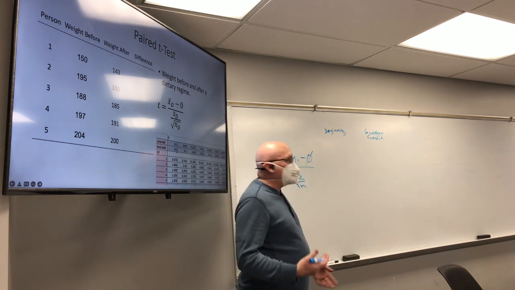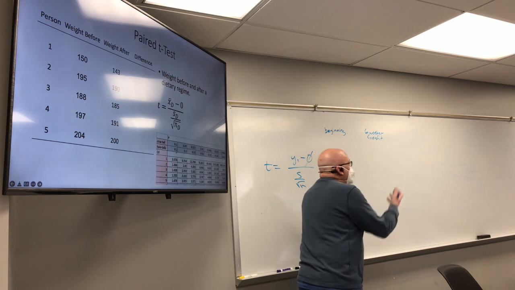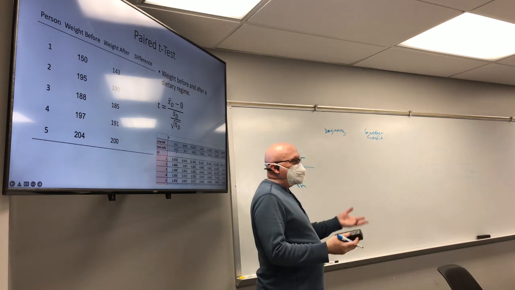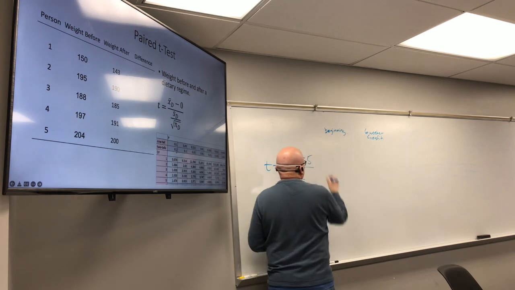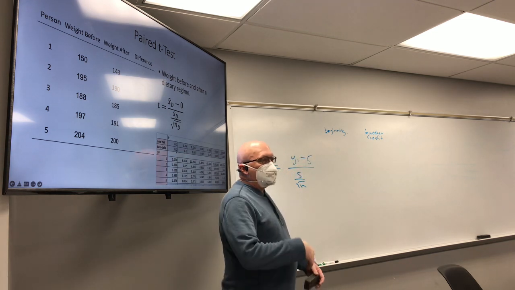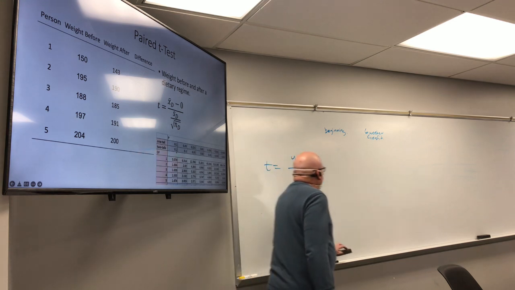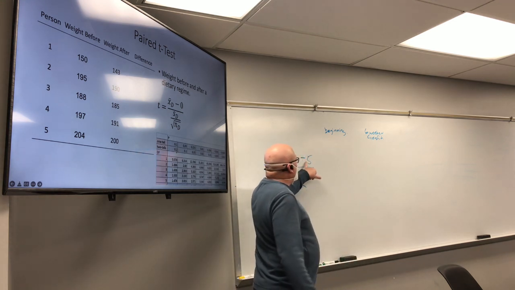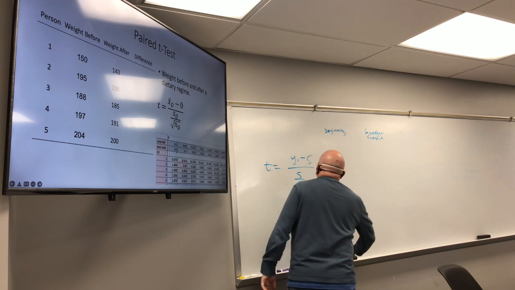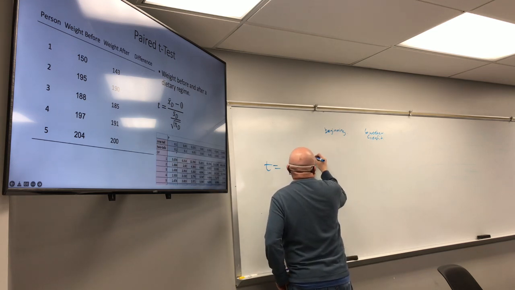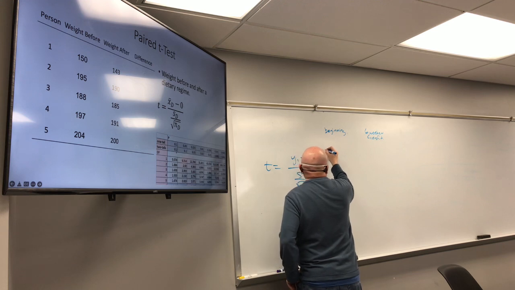You could be testing against, maybe your hypothesis was that those differences should be 5 pounds. You wanted to know whether people gained or lost 5 pounds or less. And so this is whatever the hypothesized value is that you're thinking of.